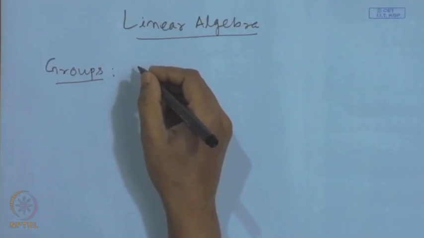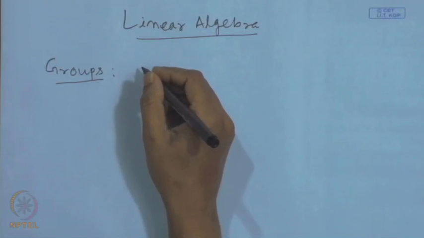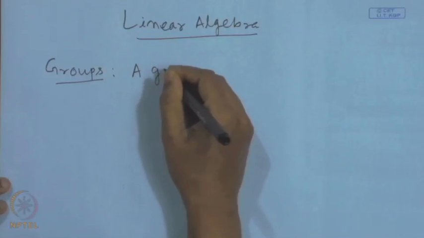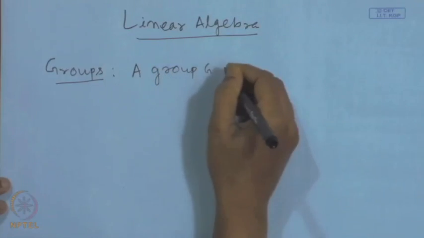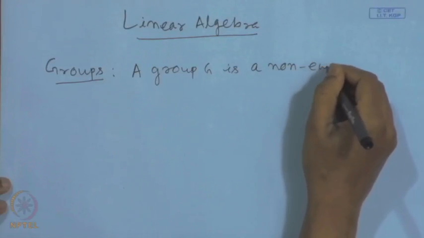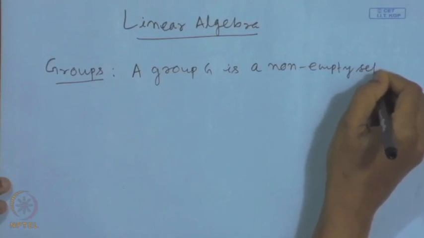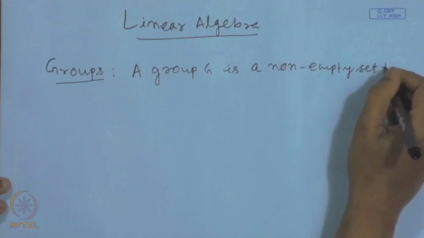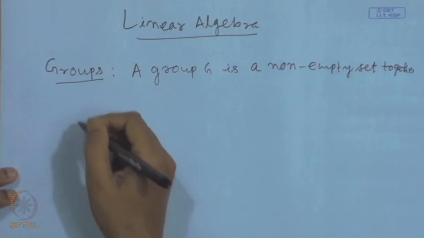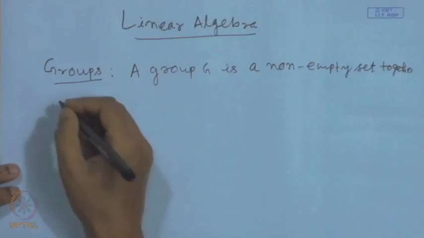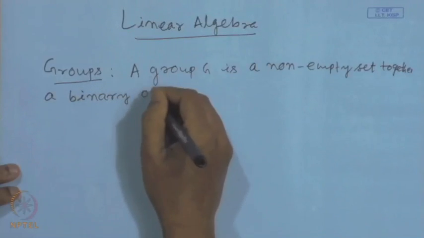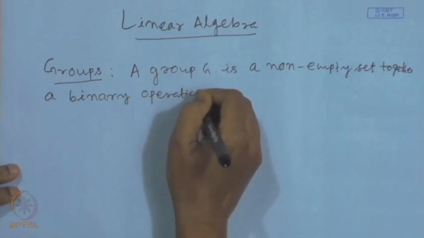This is a very basic topic in abstract algebra. So, a group G is a non-empty set together with a binary operation star.